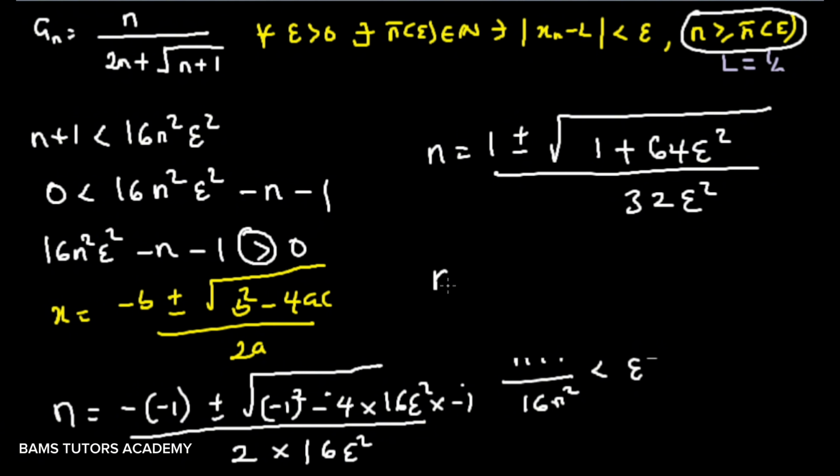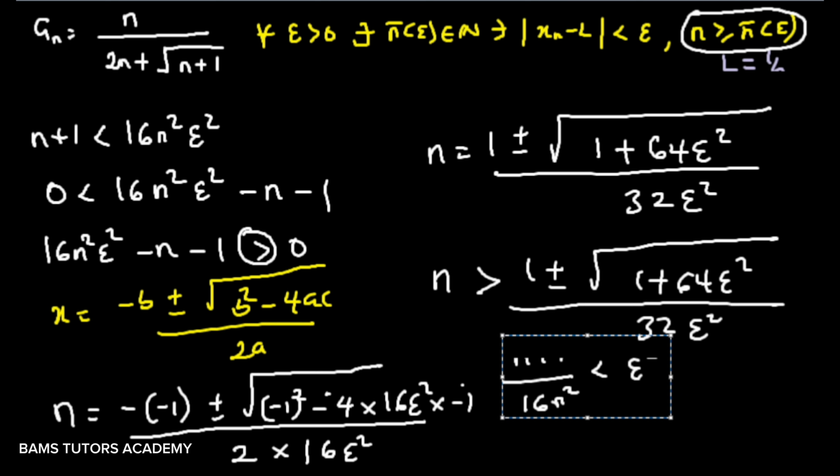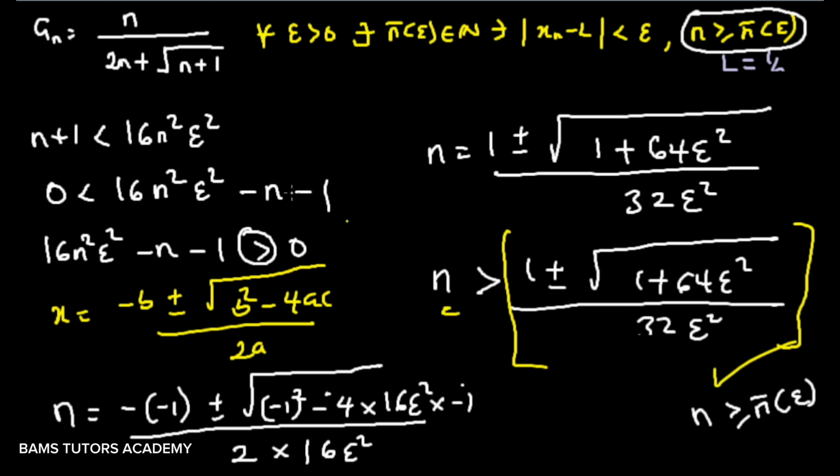So n is greater than 1 plus the square root of 1 plus 64 epsilon squared, over 32 epsilon squared. Ladies and gentlemen, we have been able to show that n is greater than or equal to N bar epsilon, because the whole of this expression is a function of epsilon and this is our N bar epsilon. So we have shown that this sequence converges.